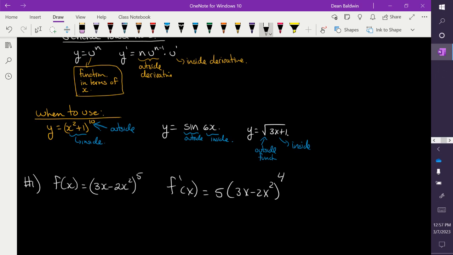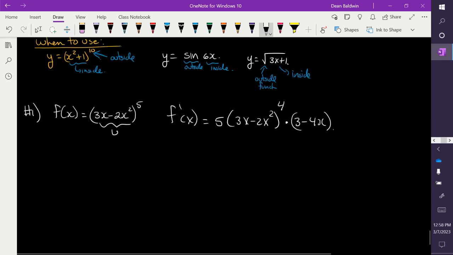Now we multiply by u prime. What's the derivative of the inside? This is the inside function, call it u. It's 3 minus 4x. All right, does that make sense?